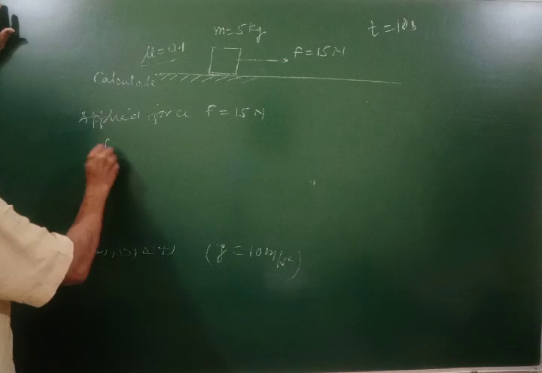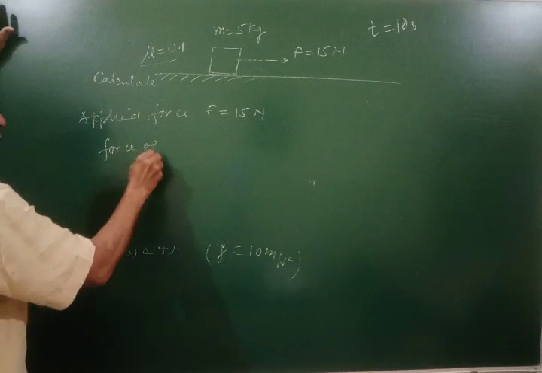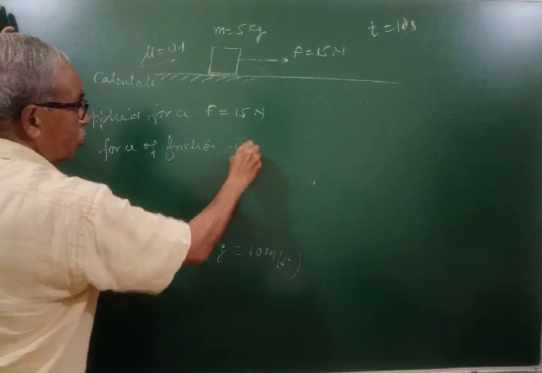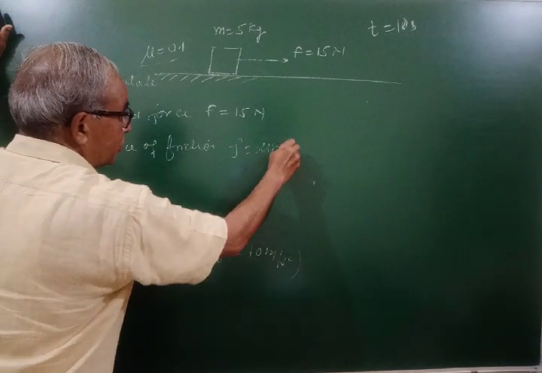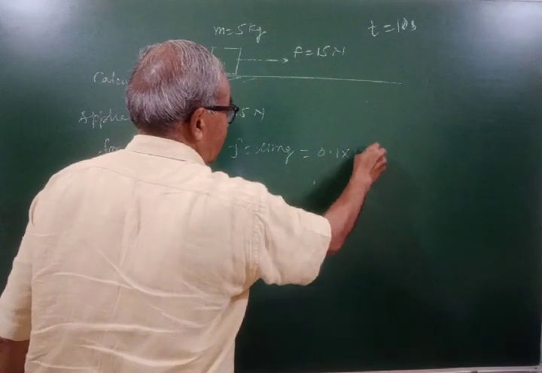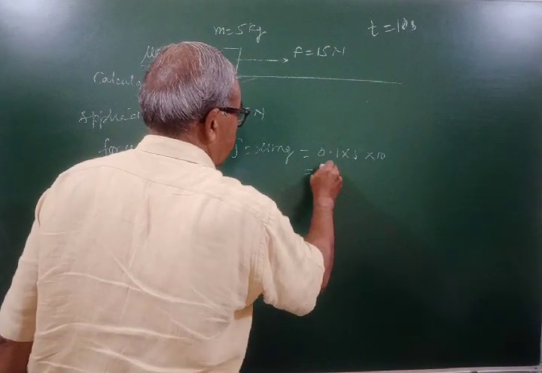Force of friction F equal to mu mg. Mu is equal to 0.1 into 5 into 10. So it is 5 Newton.